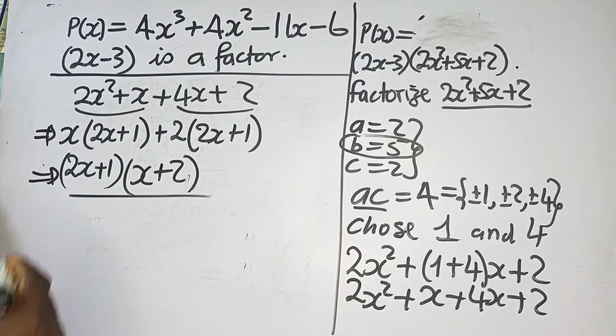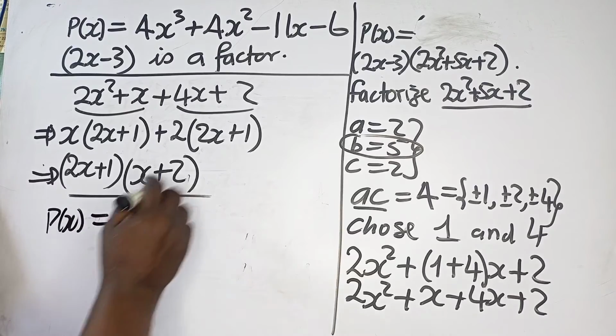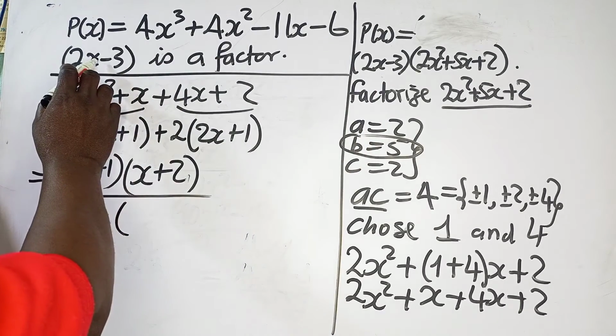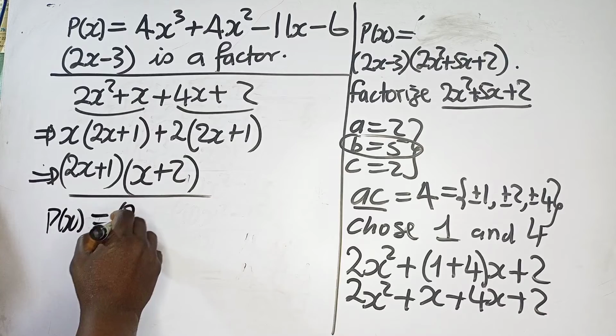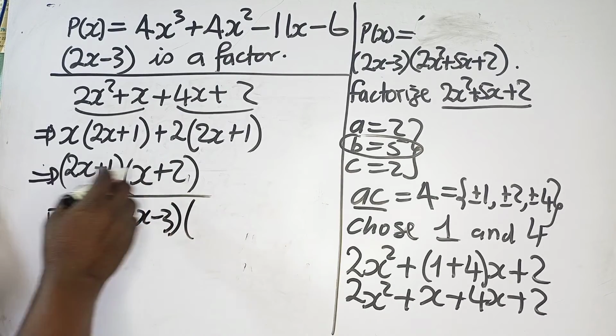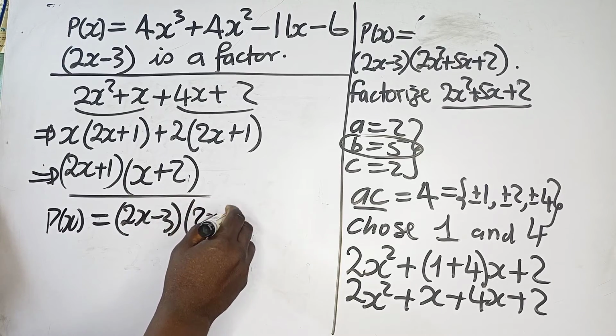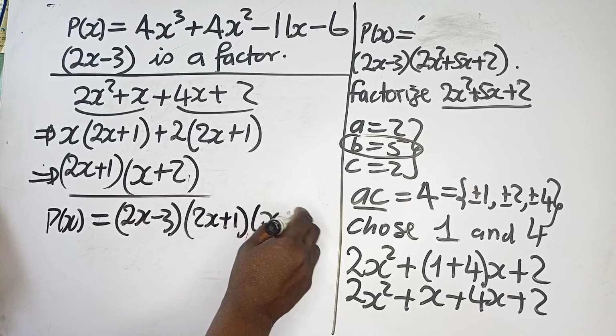All right, so now let's write our P of x as product of its factors. This is the first factor. It was given in the question, 2x minus 3. That's the first factor. Multiplied now to the other two factors. We have 2x plus 1, x plus 2.